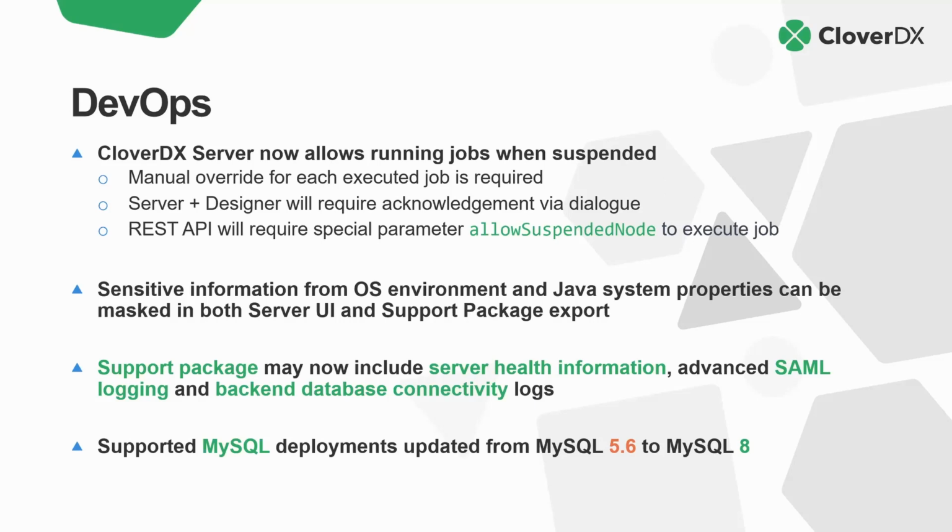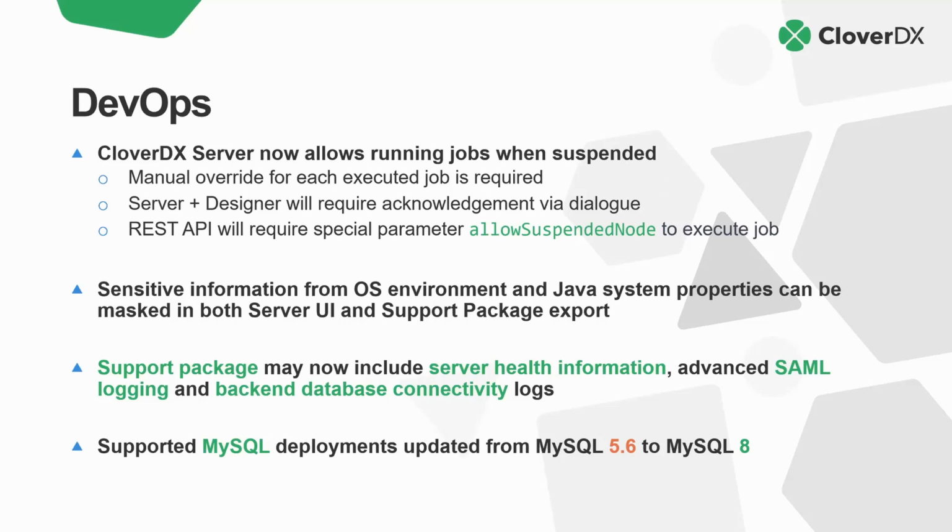So in server, basically you will get an option or a checkbox to allow your job to run. You will get notified that server is currently in suspended mode, but you can choose to override it. Same thing for Designer. You will get a new dialog which will prompt you, do you really want to run this job on a suspended node?